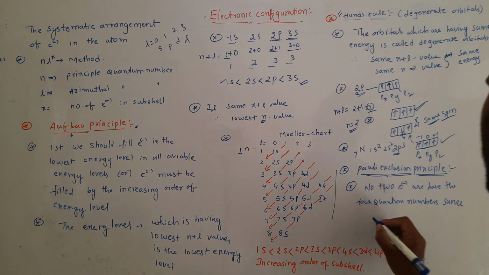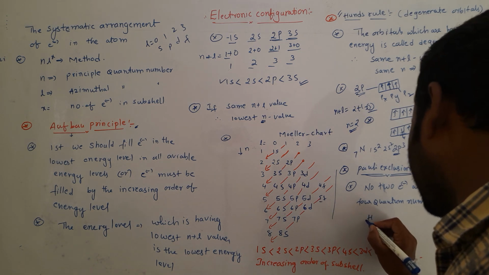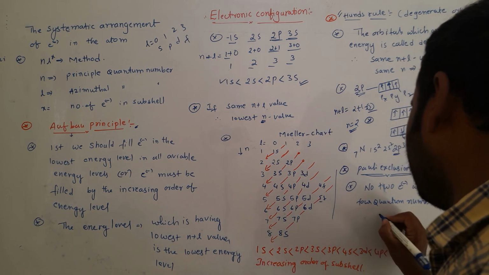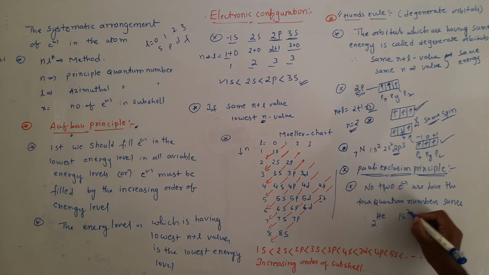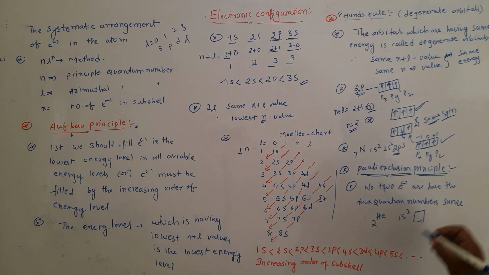For example, take helium, because helium contains 2 electrons. Its electronic configuration is 1s2. When you write 1s2, this is the s subshell. The s subshell contains 1 orbital, one electron in the upward direction and another in the downward direction.